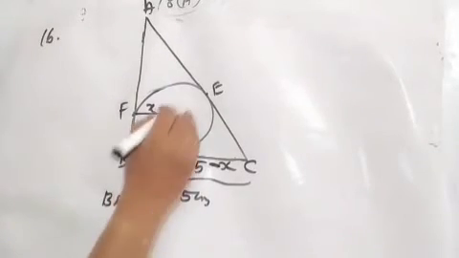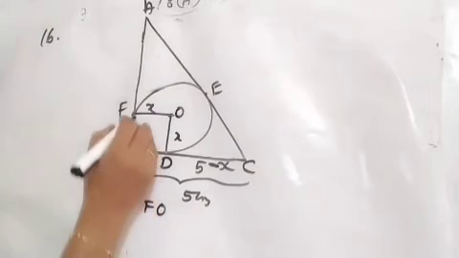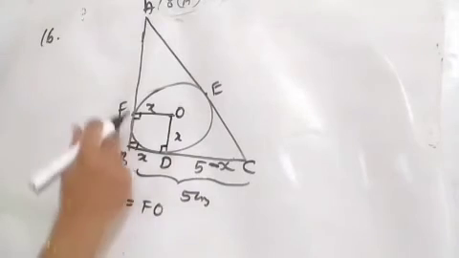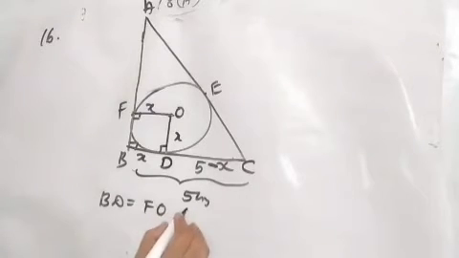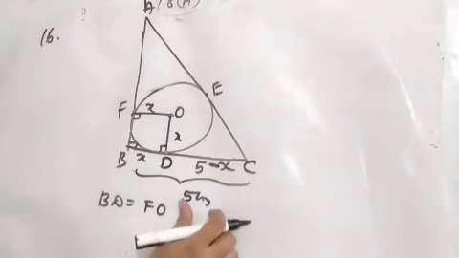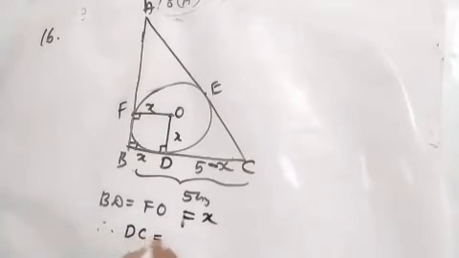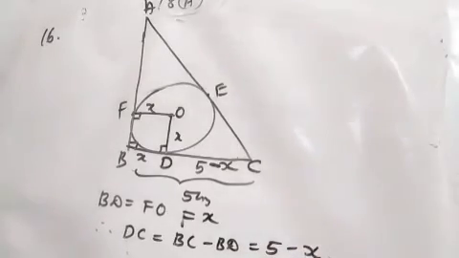BD is equal to FO. Since this is 90 degree and this also 90, this portion 90, that's why it's part of a rectangle, or a square. So BD equal to FO is equal to x. Therefore, DC equals BC minus BD, that is 5 minus x.